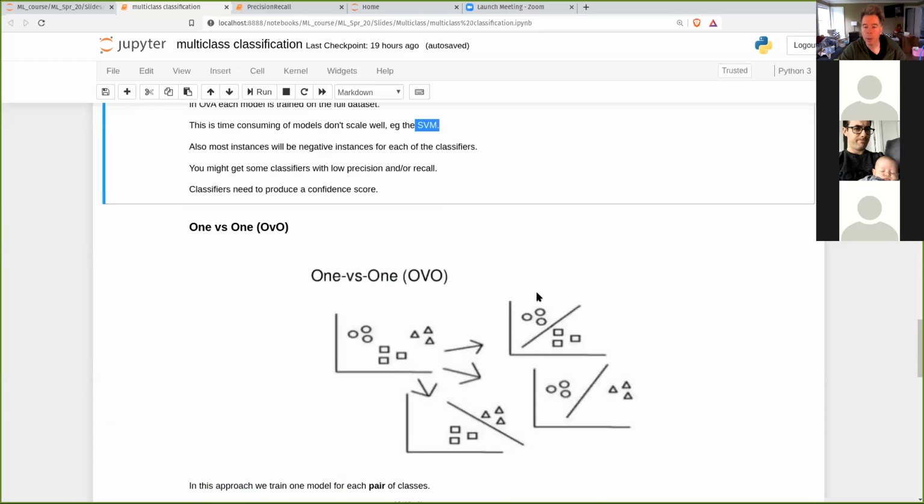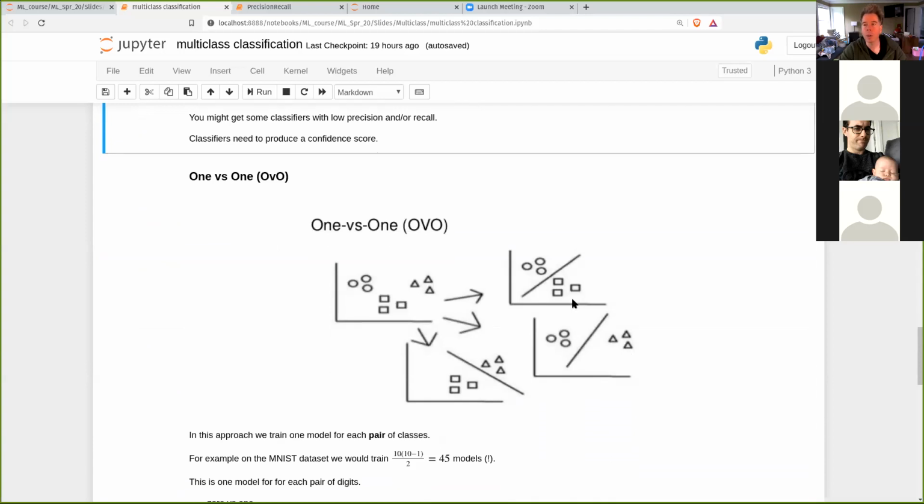But in one versus one, we make one classifier for each pair of classes. And it just happens that with 3 classes, the number of pairs of classes is the same as the number of classes, so it also happens to be 3. But in general, this number is much bigger.